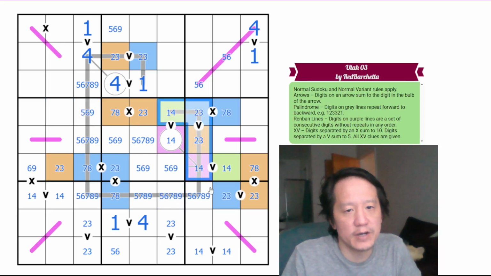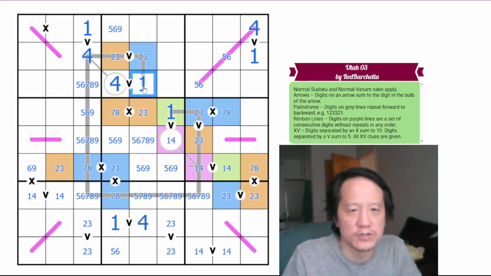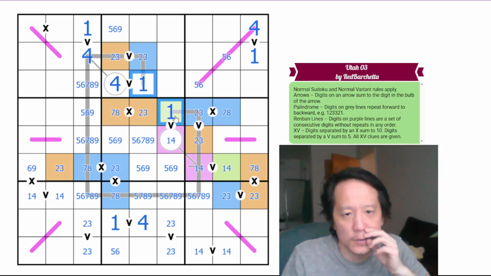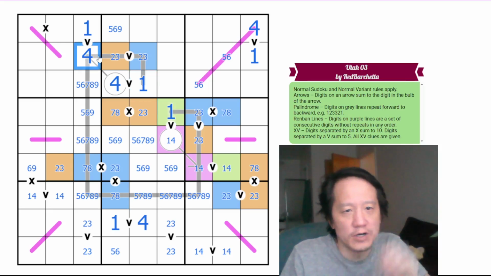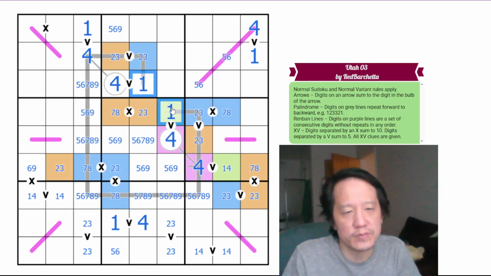569, and because of the palindrome too. So this becomes 1, okay, so yeah, this should have been both green. Okay, well there you go. This is 1, this must be 4 because of the palindrome. So these match. This matches that, this matches that. This is 4, so this is 1.